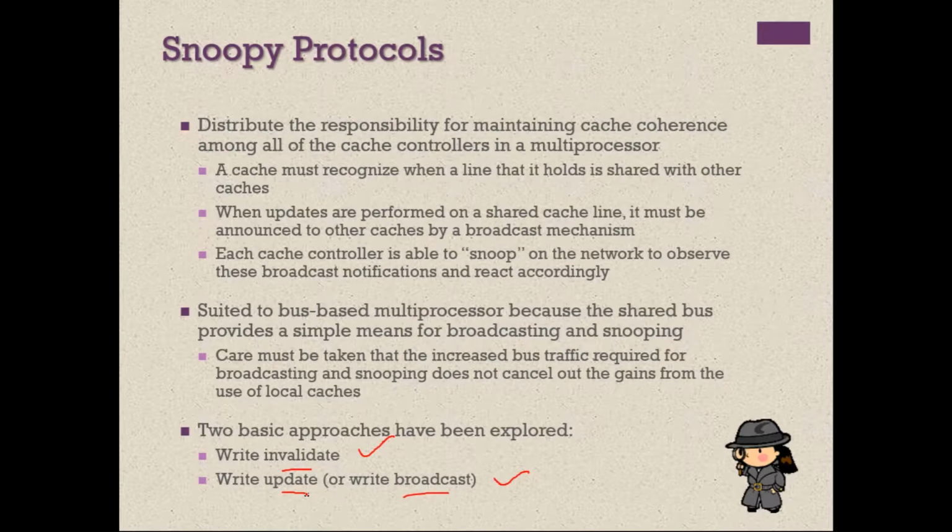To give a brief recap of whatever we have discussed so far: we are discussing cache coherence protocols, which are broadly classified into two categories: software based solutions and hardware based solutions. Again, coming to hardware based solutions, we have two types: the directory based approach, the directory protocol, and the Snoopy protocol. Again, in the Snoopy protocol we have two types: one is write invalidate and the other one is write update.